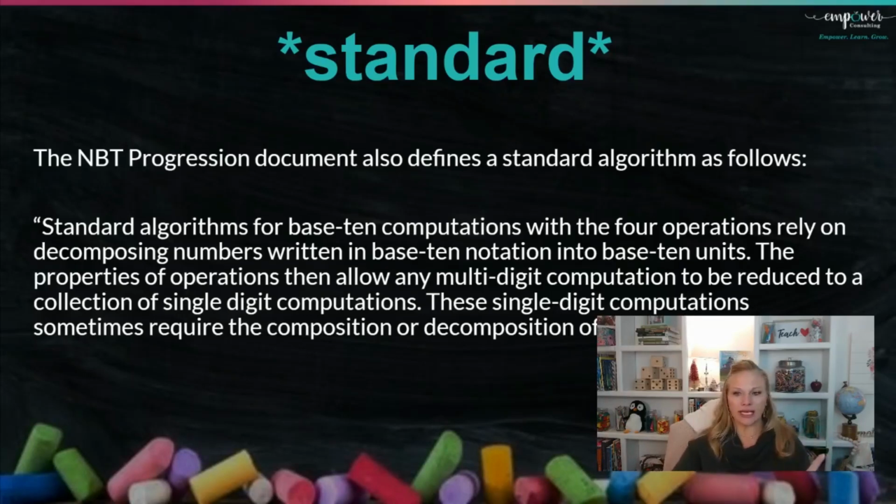So here's what it says here. I want to plant this idea that standard algorithms are for base 10 computations, and it narrows it down to these single digit computations. All of the four operations rely on decomposing numbers based in base 10, properties of operations, and single digits.